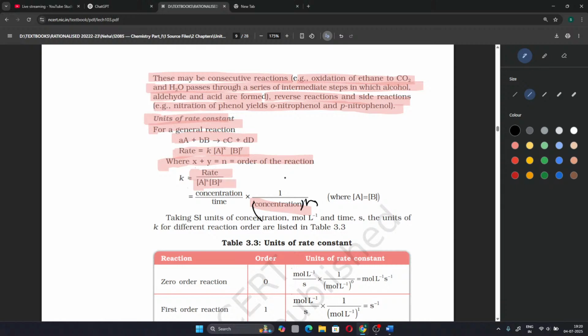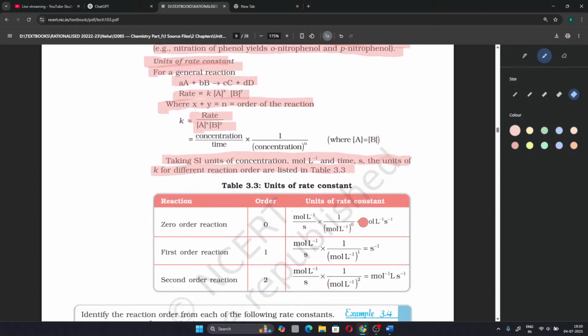So we will see that the rate constant varies with respect to the order of the reaction. Taking SI units of concentration, mole per liter, and time in seconds, the units of K for different reaction orders are listed.